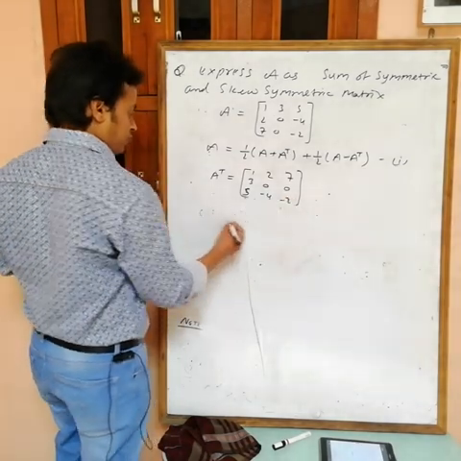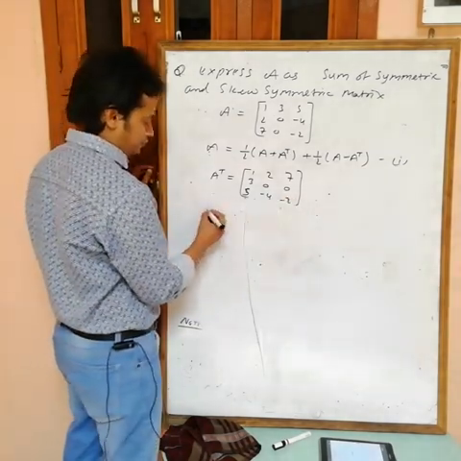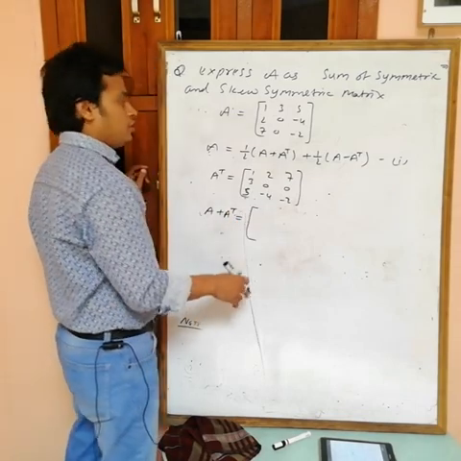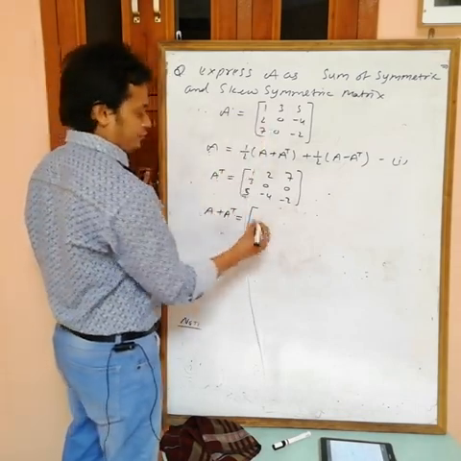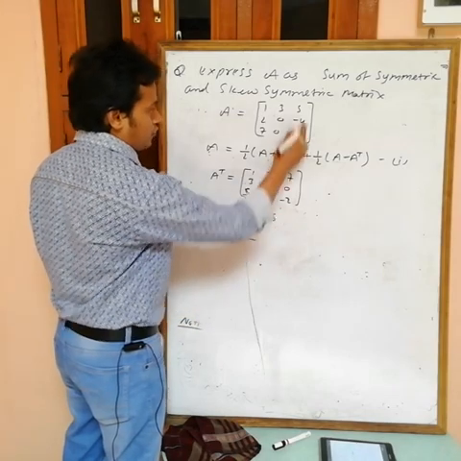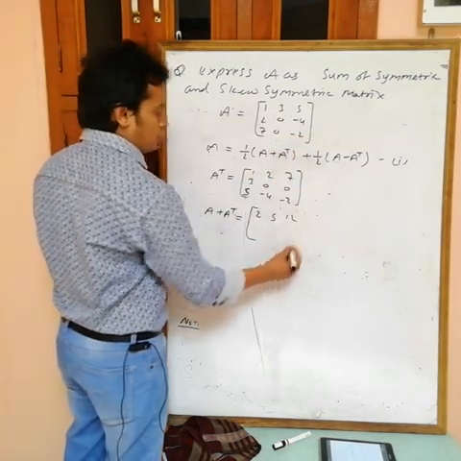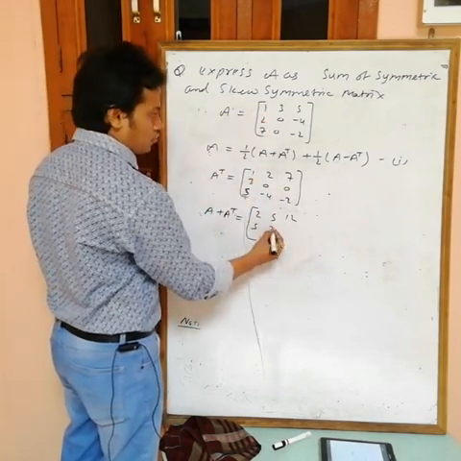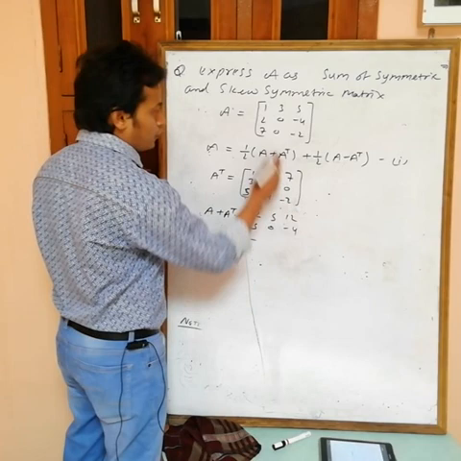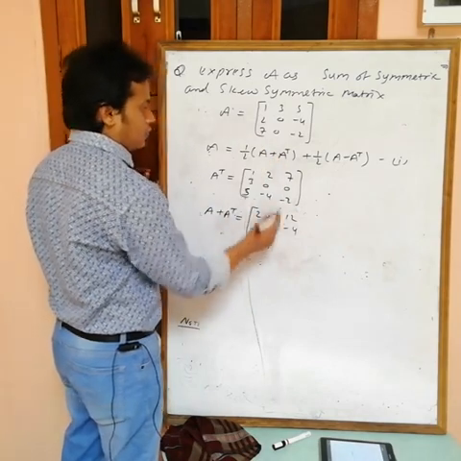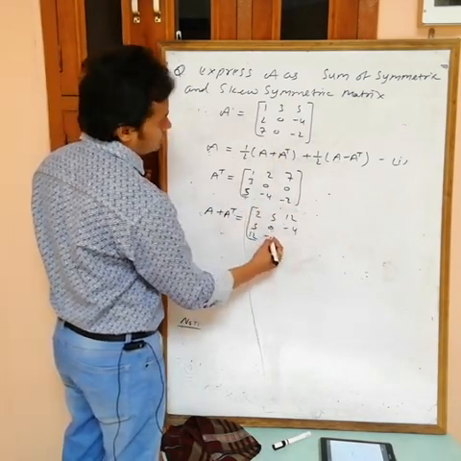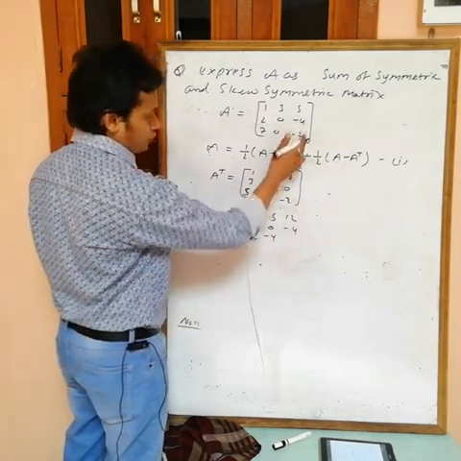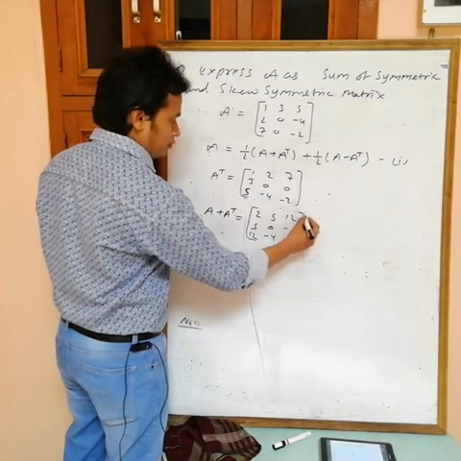Now put the value: A plus A transpose. 2 5 8 corresponding 12, 5 0 minus 4, 12 minus 4 and minus 4.